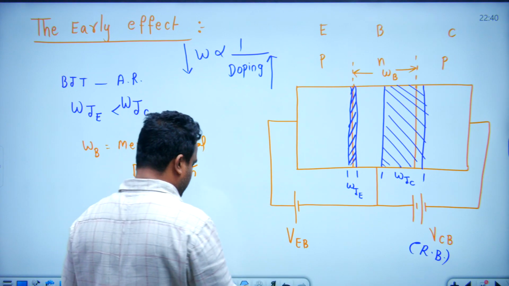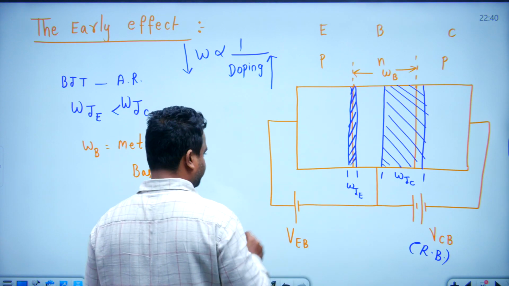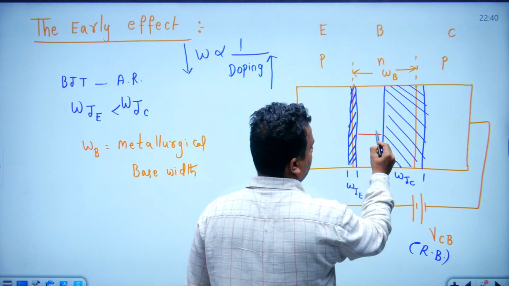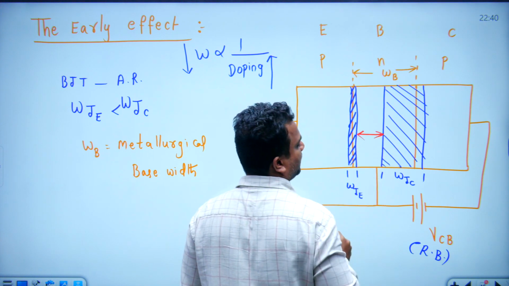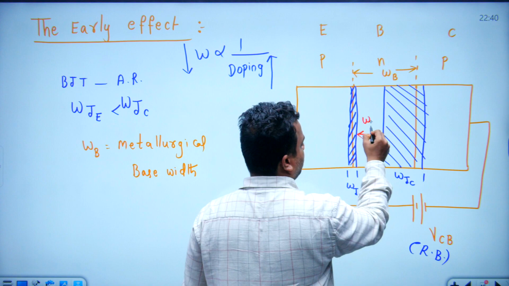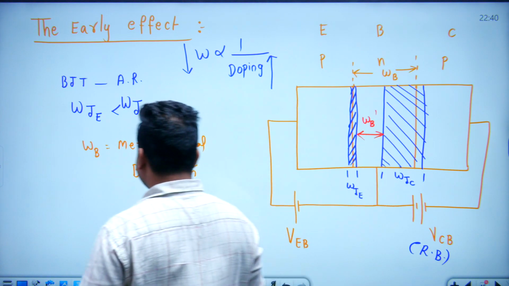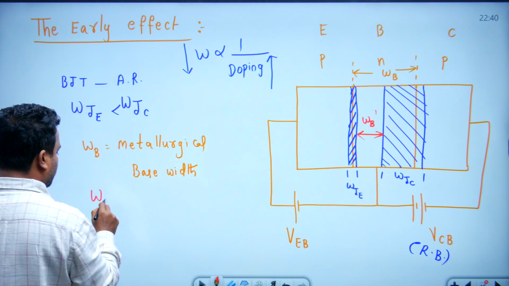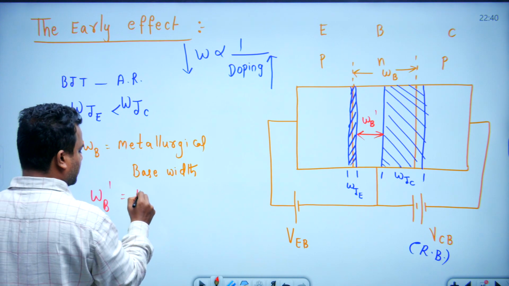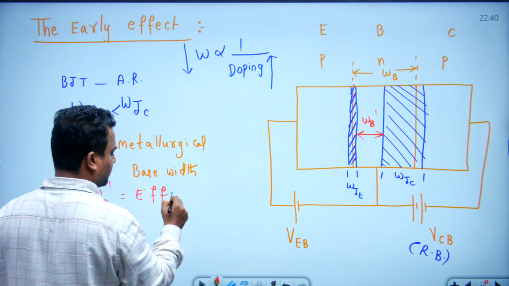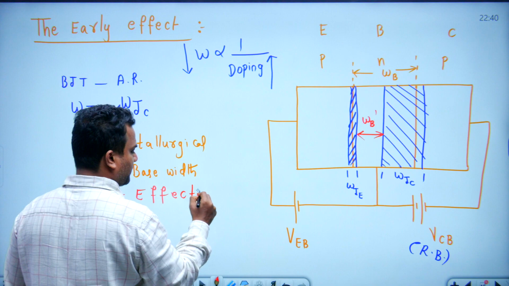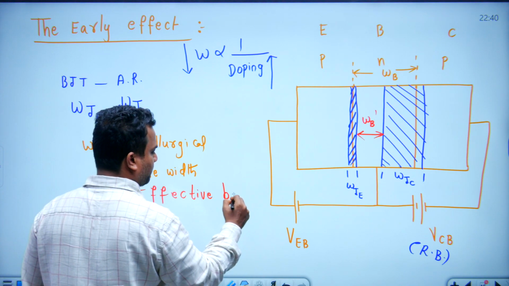So I repeat guys, this one is WB dash. The WB dash is called the effective base width. Okay, remember guys, effective base width.